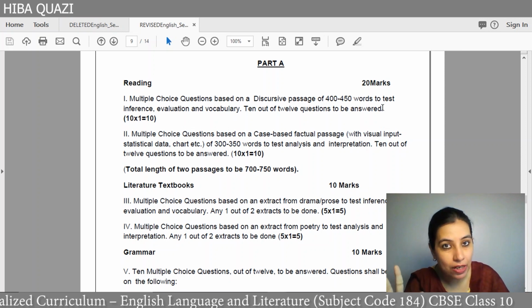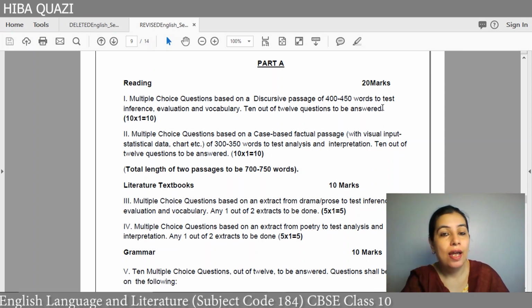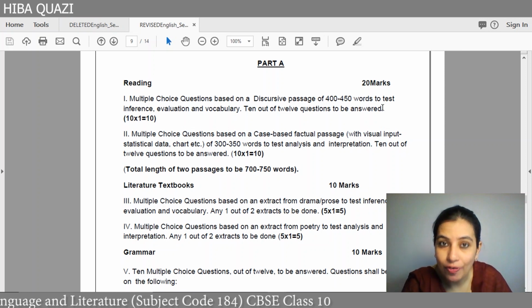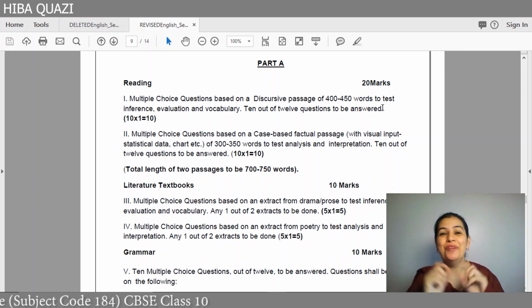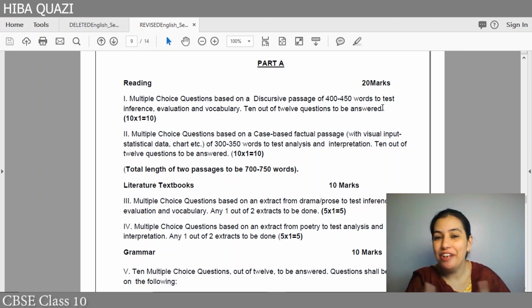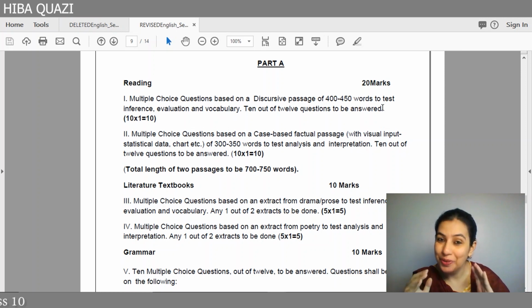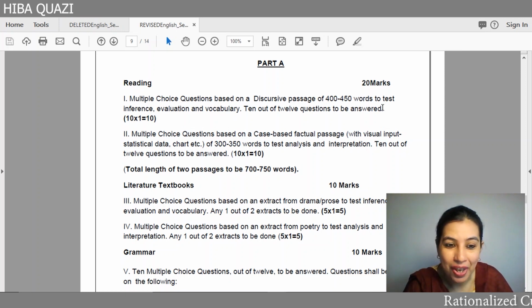It is for 5 marks, so 1 mark each. There are 5 questions, 1 mark each. So you need to be again very careful while selecting the question, very careful while solving it. So, the key word here is careful. Everywhere that I'll be using this word, I know it's going to irritate you a lot, but this session is all about being very, very careful.